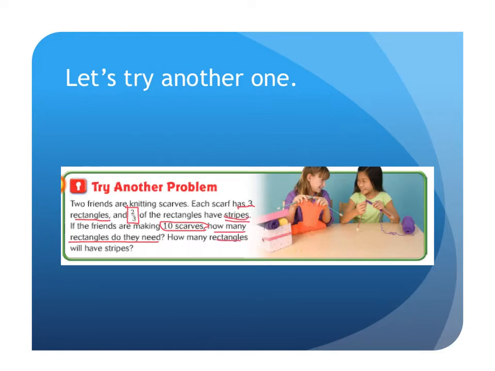And I need to know how many rectangles will have stripes. So this question requires me to find 2 answers. I need to know how many total rectangles they need, and how many will have stripes. Let's see how we can put a table together to help us solve this problem.